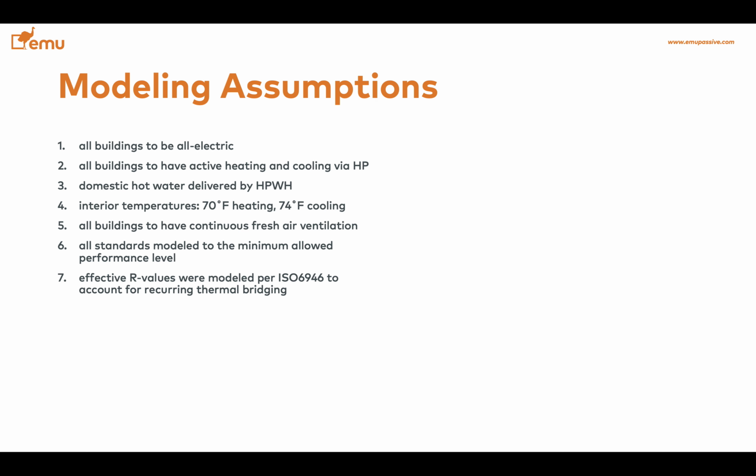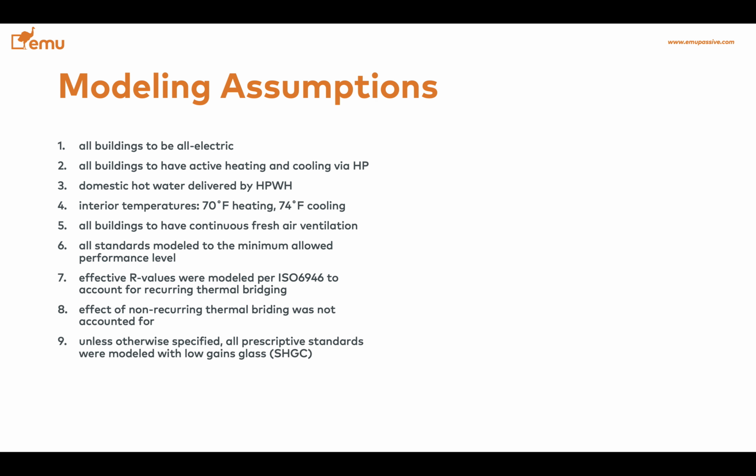The effective R-values were modeled in PHPP in compliance with ISO 6946 to represent recurring thermal bridging, such as studs in a wall or fasteners penetrating through exterior insulation. We did not account for the effect of non-recurring thermal bridging that is more catastrophic, such as a steel beam going uninterrupted from the inside to the outside. We're going to see about that in just a sec.